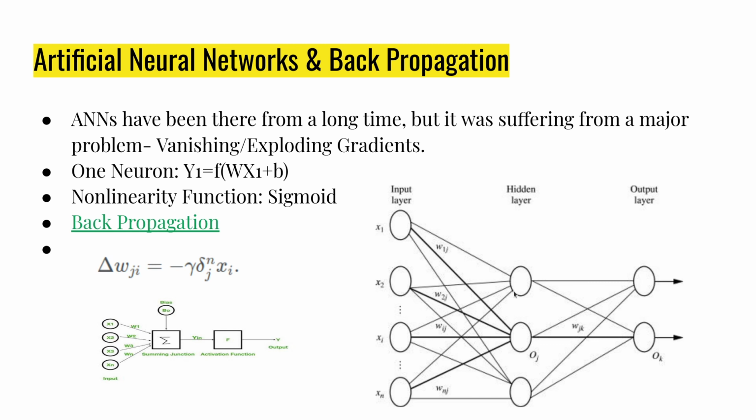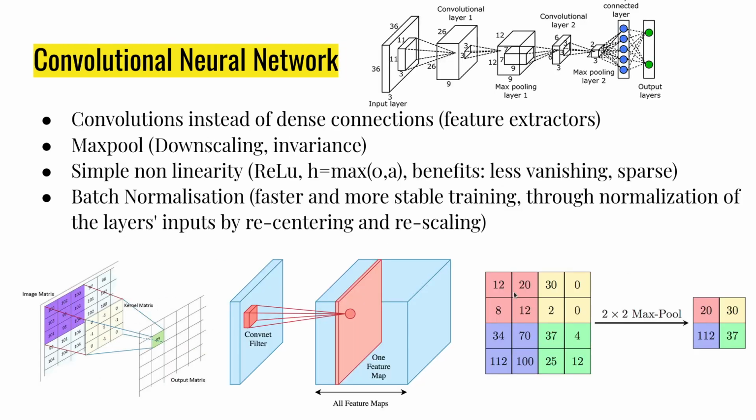So that's where CNN comes into the picture. In a convolutional neural network, the main difference is convolution, which has weight sharing. As you can see in this diagram, let's say this is the input image. This is what we are calling the weights, or kernel.